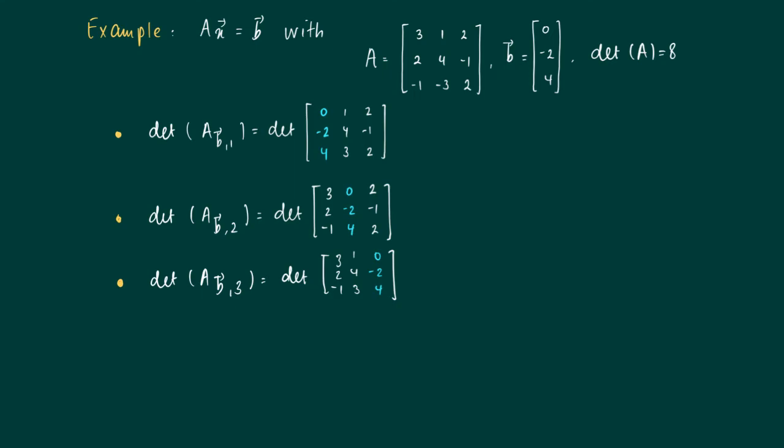And we're now going to calculate the determinants, first this one. We know that adding multiples of rows to other rows has no impact on the determinant of the matrix.